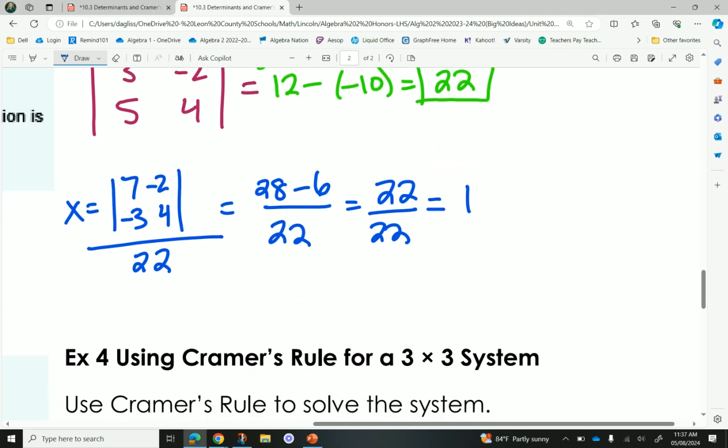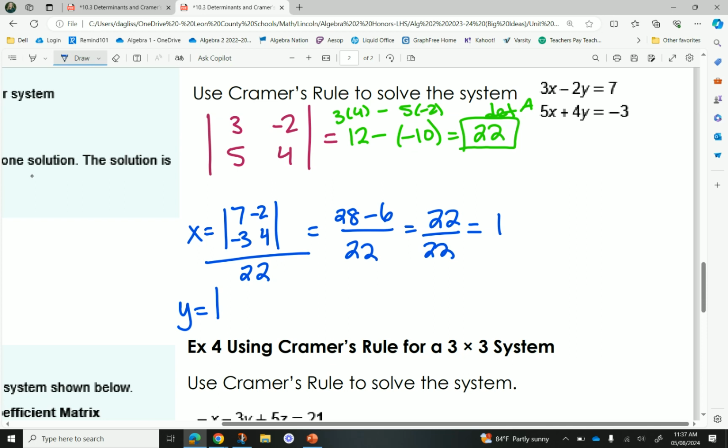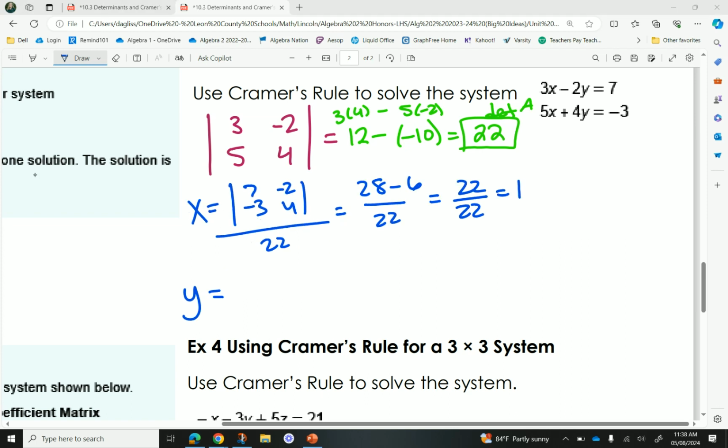Let's do it now to find our y. This time we're going to use the x values, right? We have 3 and 5. I did not leave enough space. All right, so now our x's are 3 and 5, and our constants are 7 and -3. We're going to find that determinant and divide it by 22.